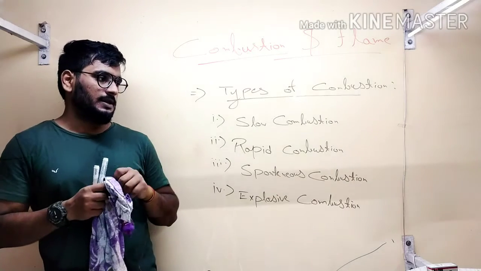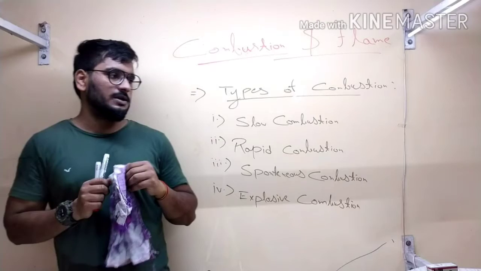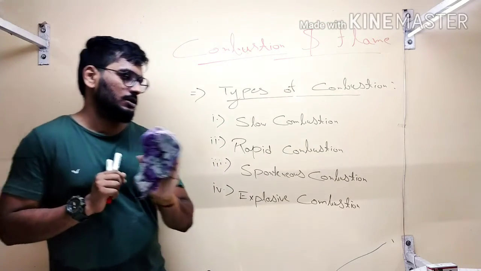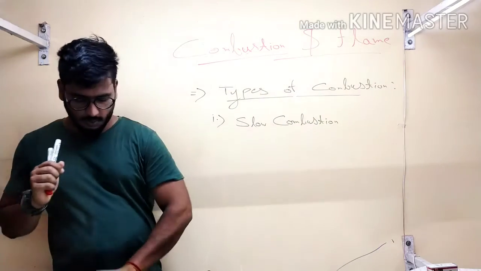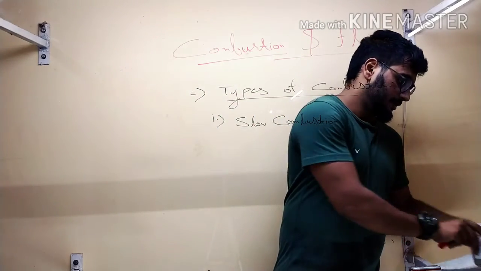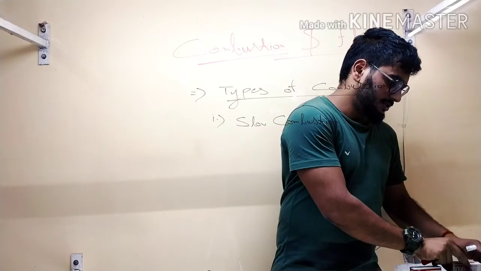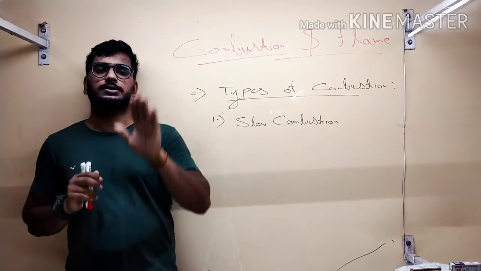Note this thing. Now coming up to the first type, which is slow combustion. Now what is slow combustion? When it comes to slow combustion, you can easily think of a combustion reaction which is taking place very slowly.